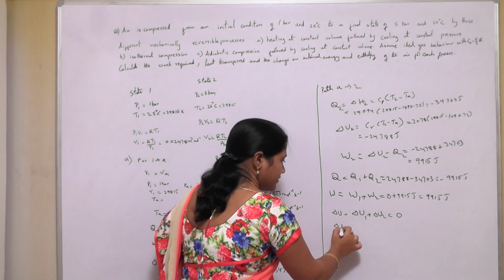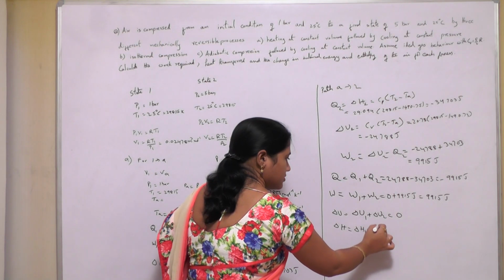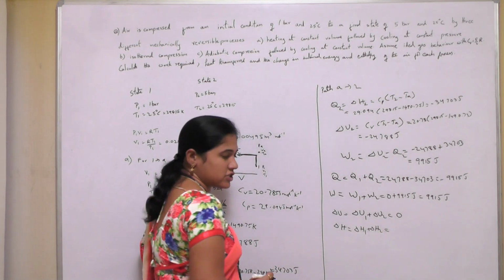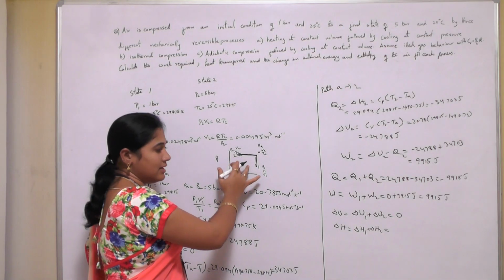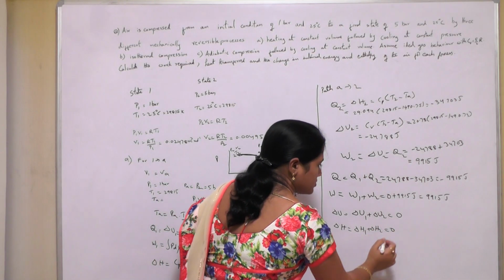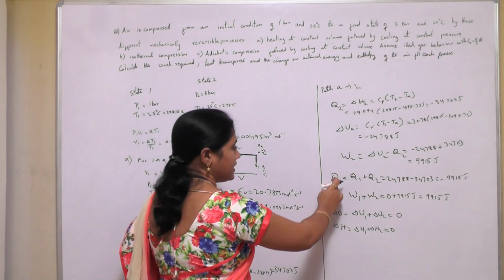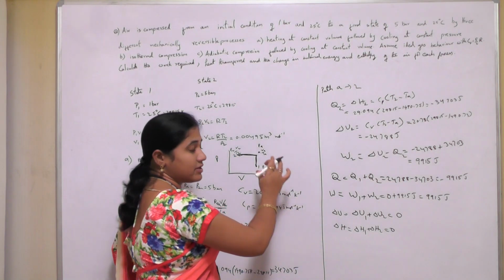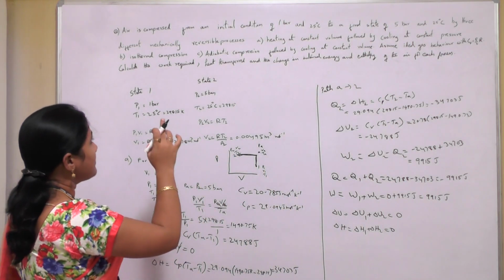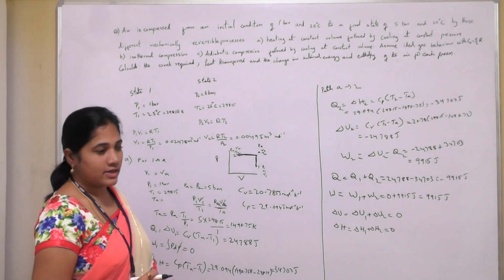Similarly for delta H1 plus delta H2, H is a function of temperature and the initial and final temperatures are equal. Therefore delta H equals 0. So these are the heat transferred, the work required, and the change in internal energy and enthalpy for the first process, that is heating at constant volume followed by cooling at constant pressure.